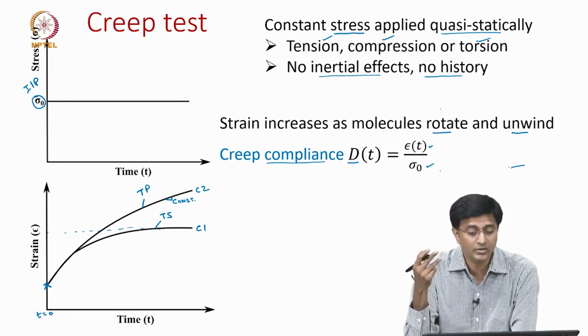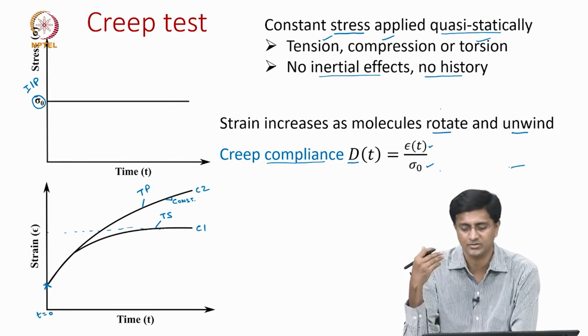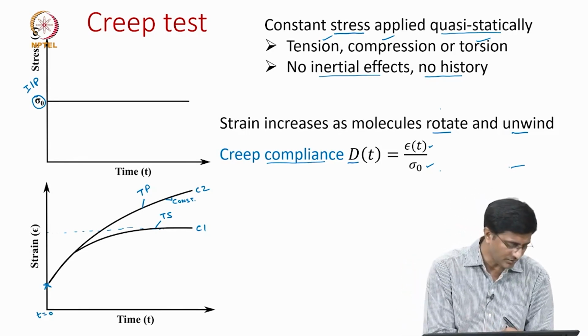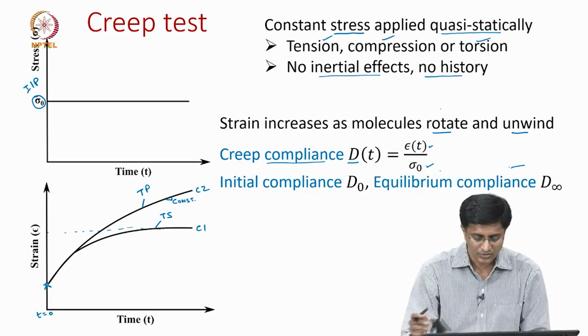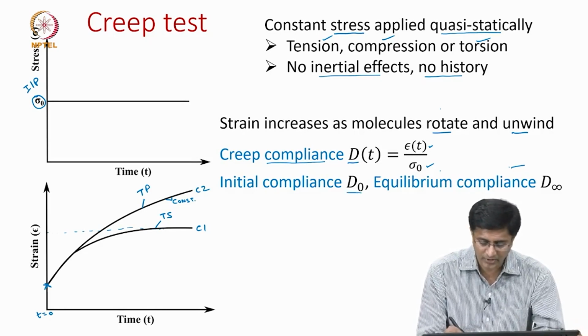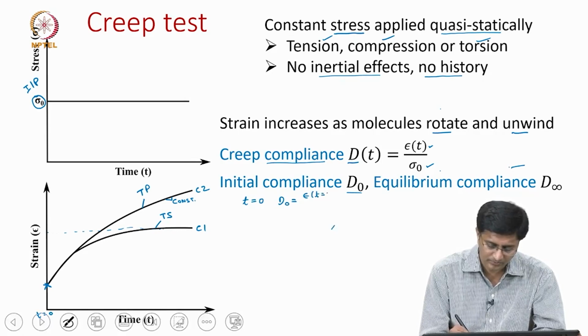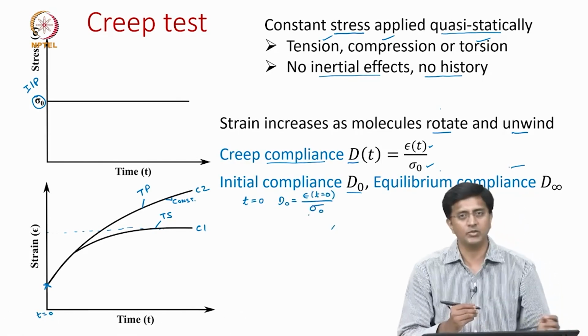So again we can look at two different types of compliances. What happens at time t equal to 0? At time t equal to 0 we said that there is an instantaneous or the initial strain. So we get this initial compliance represented by D naught. So D naught is our strain at time t equal to 0 divided by the input stress sigma naught.